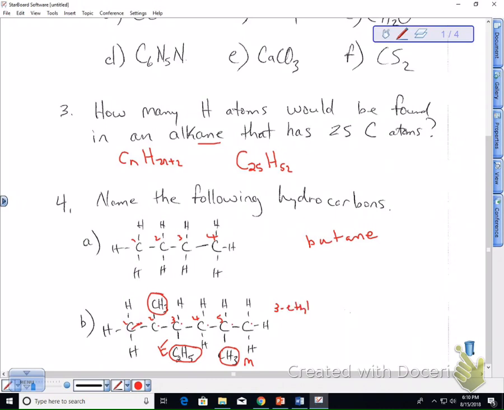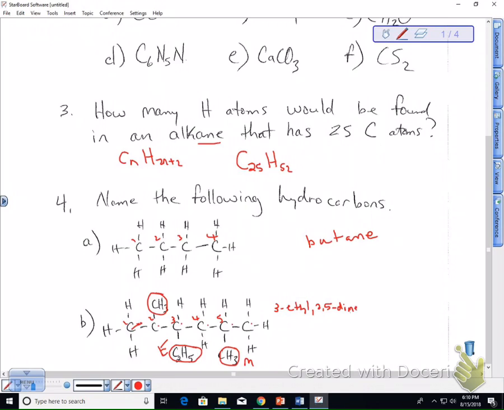All right, what about my methyl? I have 2 of them. So what do we learn we did in covalent when we have 2 of something? We go back to those prefixes, and I actually have a dimethyl. And they're going to be on carbons 2 and 5. Instead of just saying methyl, we're going to say dimethyl.